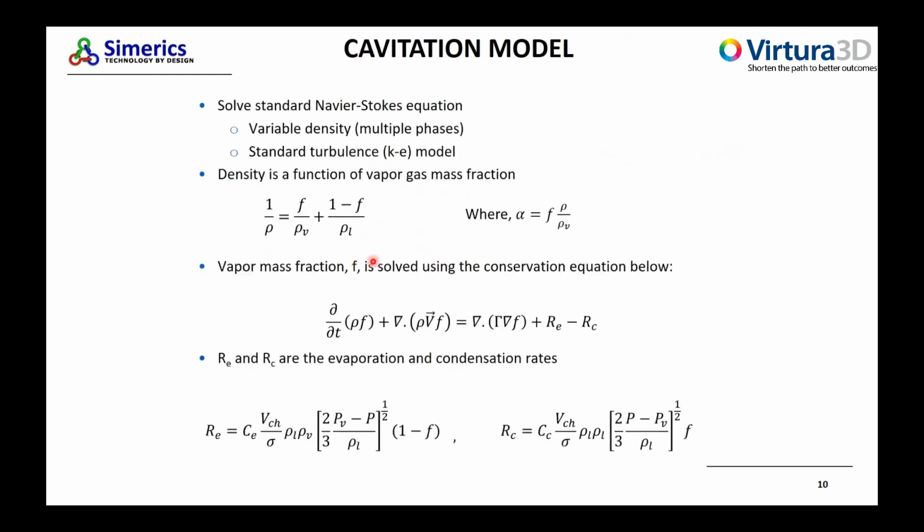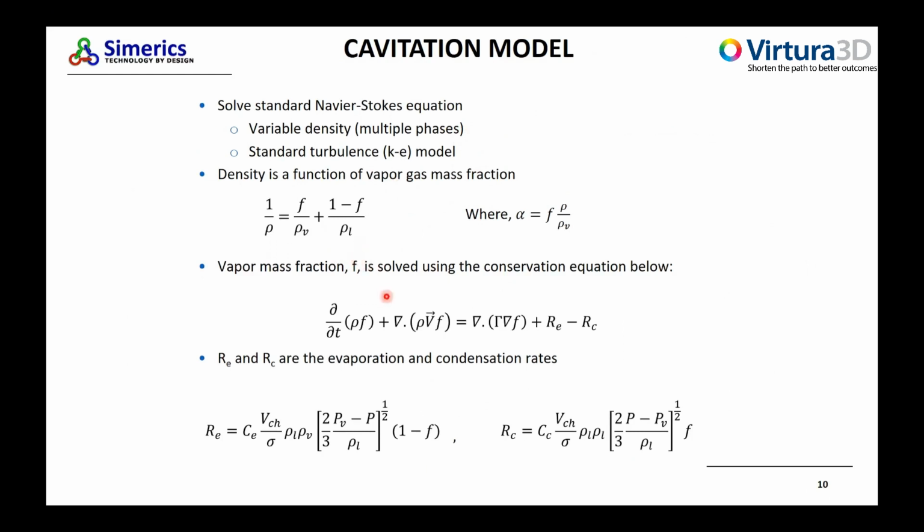So in our cavitation model, we solve the standard Navier-Stokes equation with variable densities with multiple phases, and we have a standard K epsilon formulation for the turbulence. Density is essentially based on two components, the vapor and the liquid, based on their respective fractions.